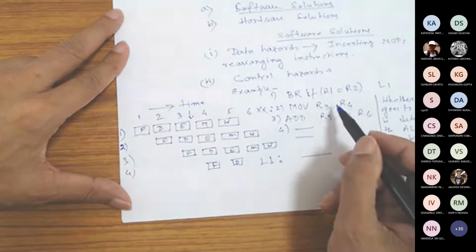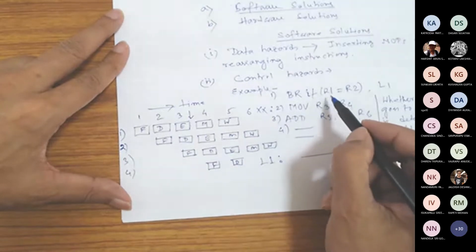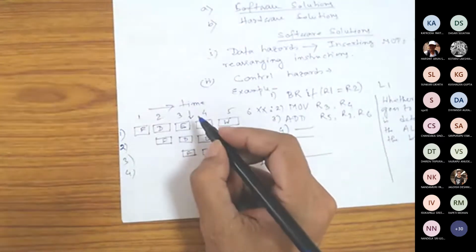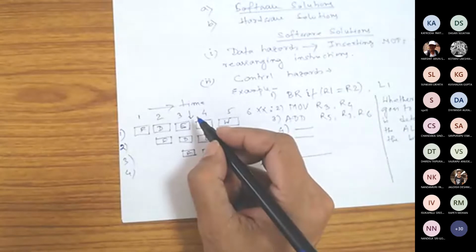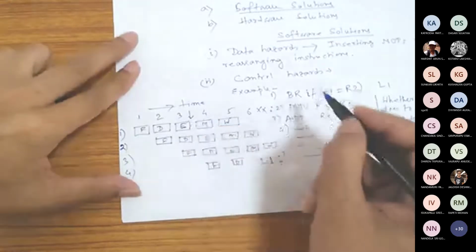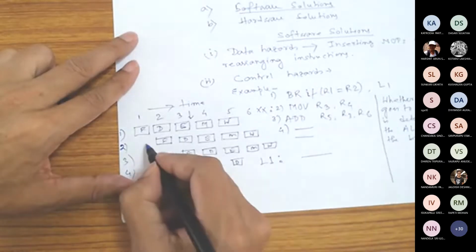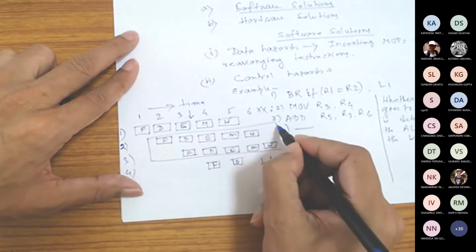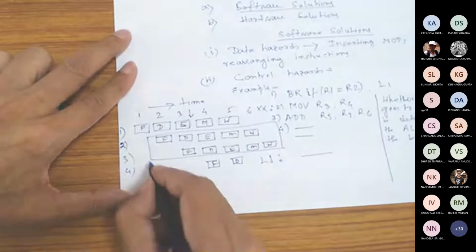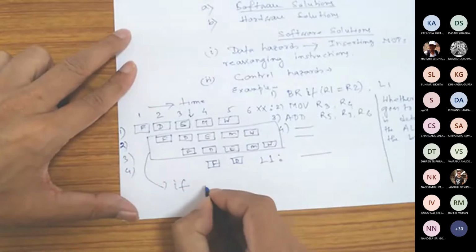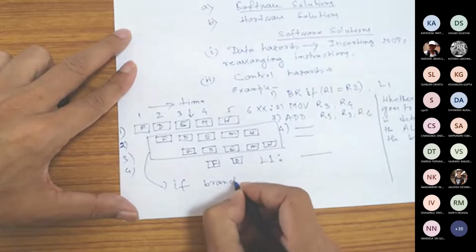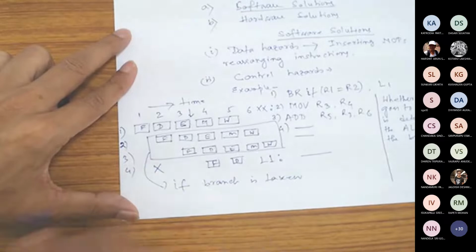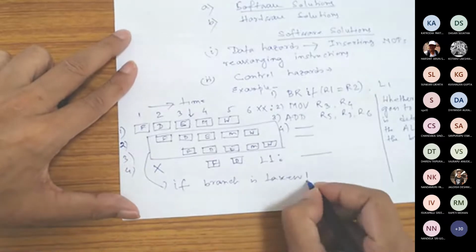Since this branch condition is known only after the end of this clock cycle, and unfortunately, at the end of this clock cycle, if it knows that it has to go to L1, then these two instructions are already in the pipeline. If the branch is taken, we need to remove these.